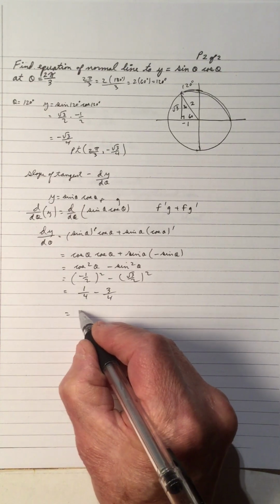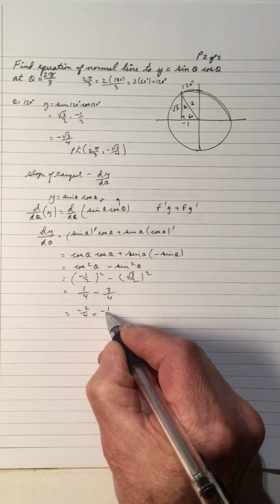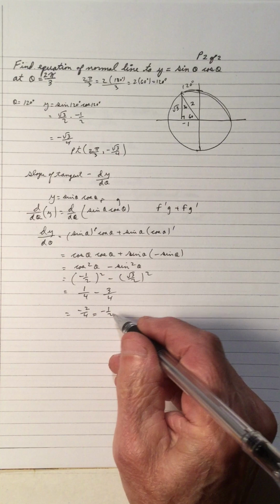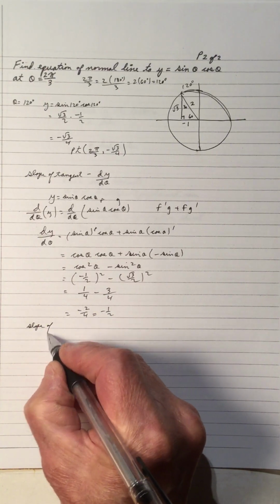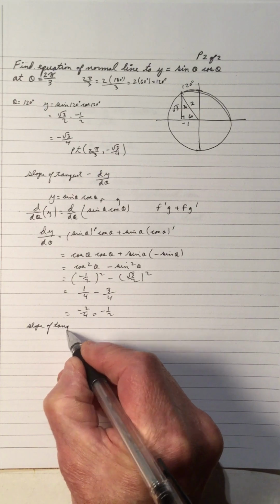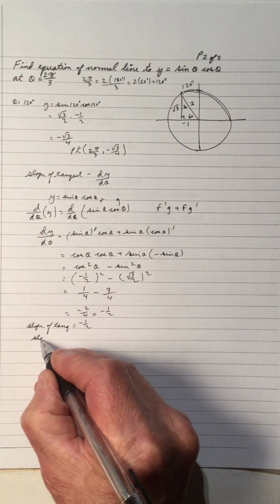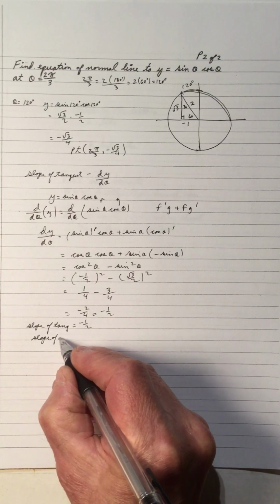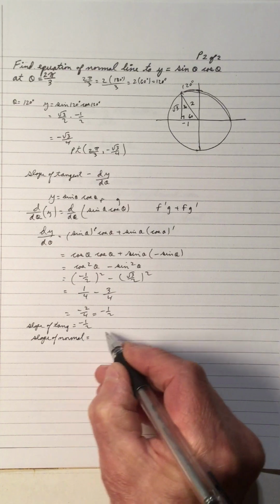So that gives us negative 2 over 4, which is negative 1/2. So the slope of the tangent is negative 1/2. So that means the slope of the normal at the same point is the negative reciprocal.